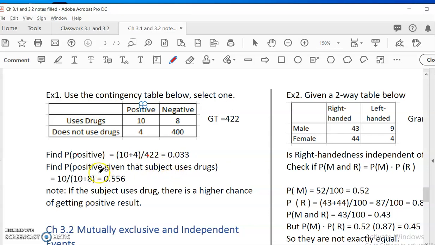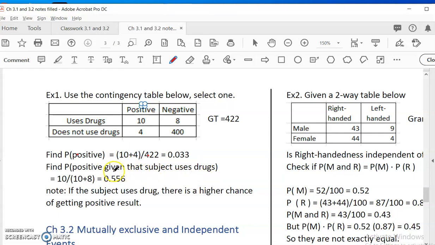So let's assume that person has taken drugs, and then he will look at this probably and say, oh, getting a positive test result is so low. This is really unlikely. Maybe I'll just take it because there's very low chance of getting caught. So look at what happens with the result of these drugs if you already know yourself you have taken drugs, so the subject uses drugs. So this would be a given that situation.